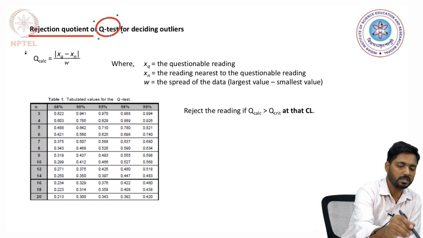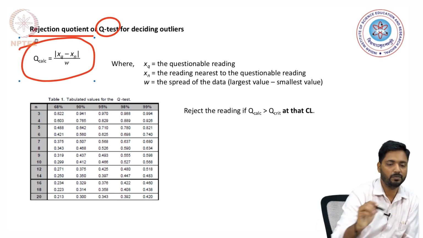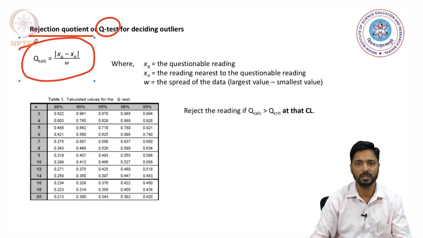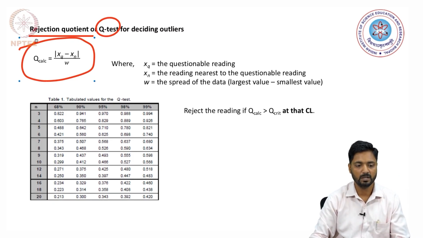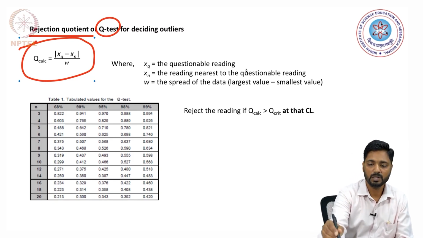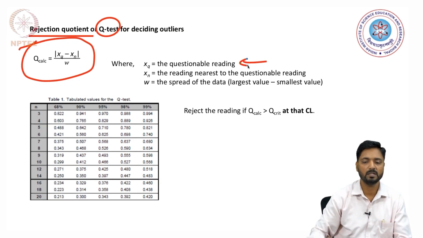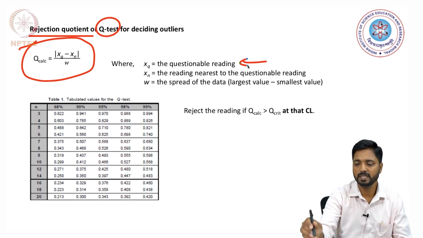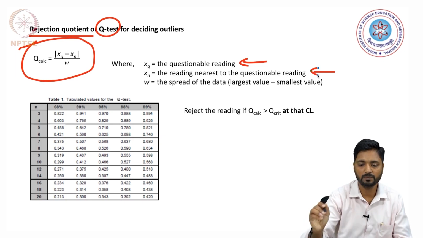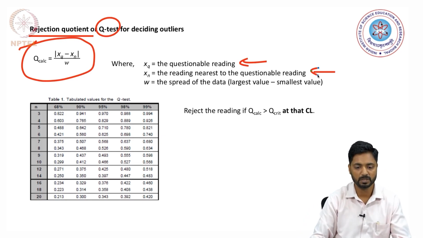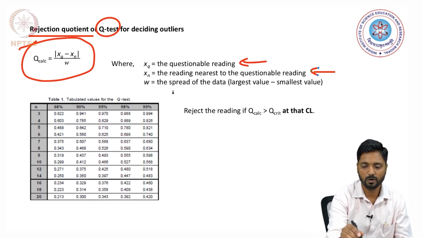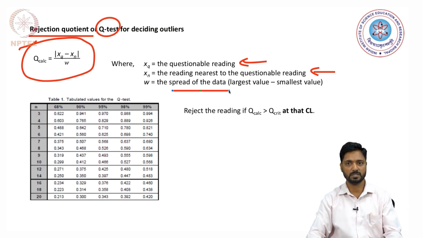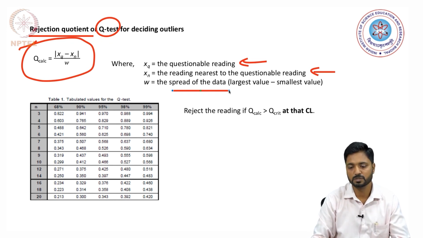The formula is given here where we calculate the Q value of a data set. So, XQ is the questionable reading, XN is the reading which is very near to the questionable reading, and W is the spread of the data which is with us.